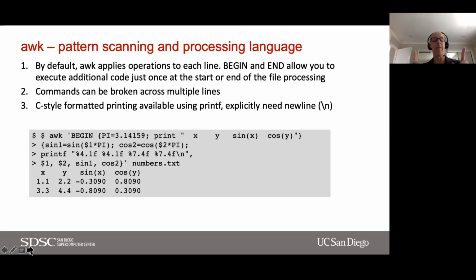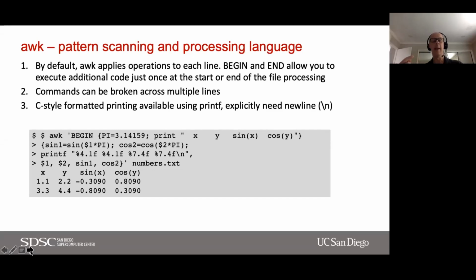So see, after the first single quote, I have begin, and then in braces, I first define a constant. I'm going to say that pi is 3.14159, so that I can use that continuously throughout the rest of the execution. And then I'm going to print a header line, x, y, sine of x, cosine of y.